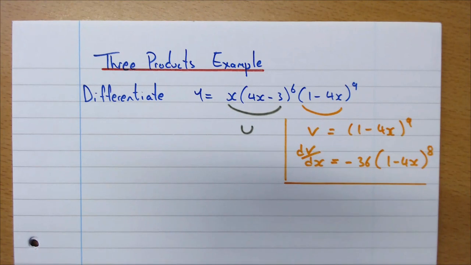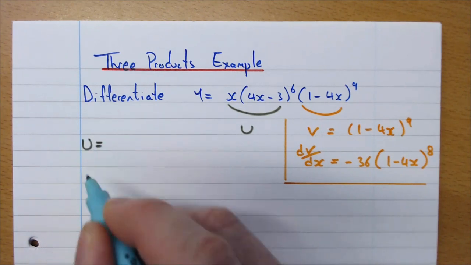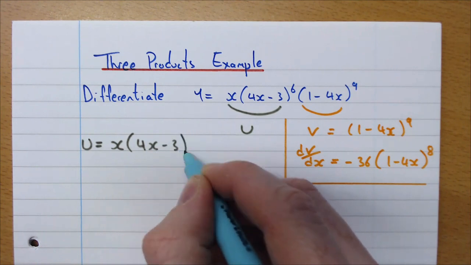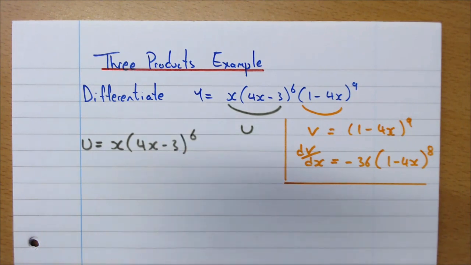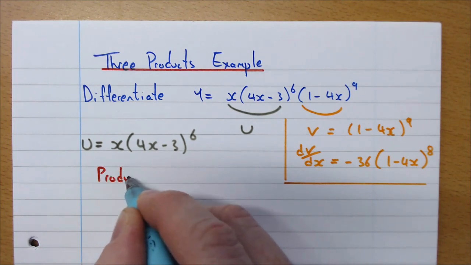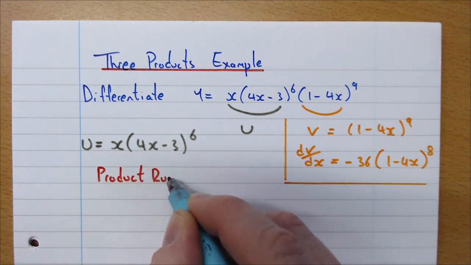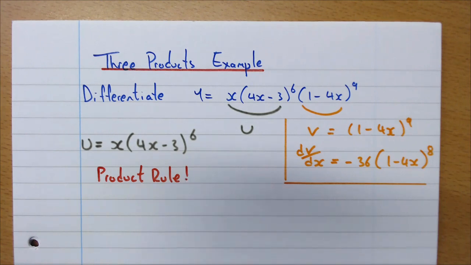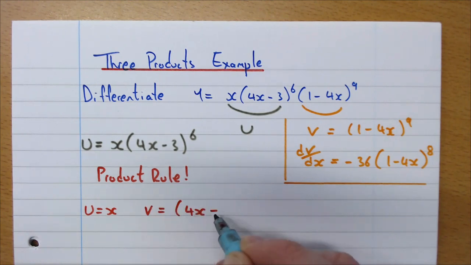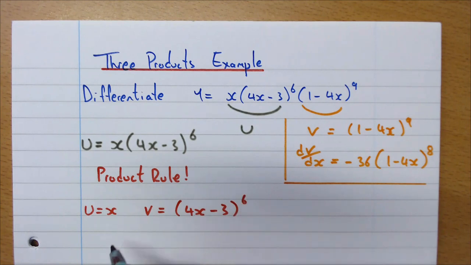Now, my u part, u equals x times (4x - 3) to the power of 6. That is a product multiplied by a product. That is the product rule in the product rule. So I have to do this part separately by itself, in much the same way I did the last example. So using this one, I'm going to say u equals x and v equals (4x - 3) to the power of 6.